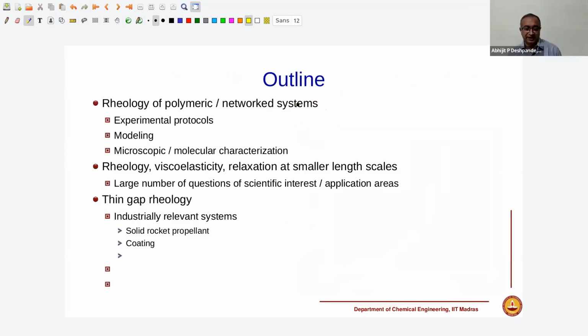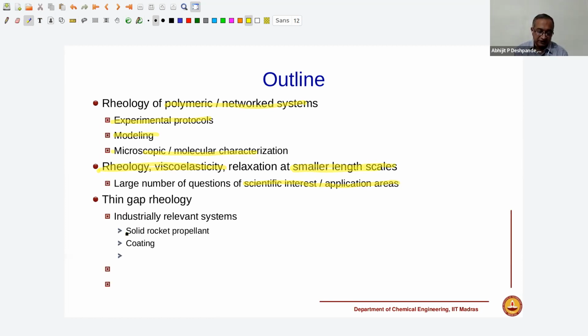And so I'd like to close by saying that we work on rheology of polymeric and network systems. Hopefully, I've been able to give you some idea of how we do some of these things. I also tried to say that looking at rheology and viscoelasticity at smaller length scales is becoming more and more important because we have a large number of questions of scientific and application interest.